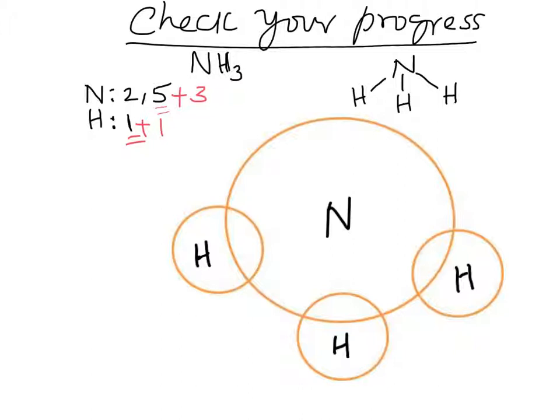Nitrogen's shared electrons now: here, here and here. 3 of its electrons are shared, 2 not shared, which can be drawn anywhere on this shell, because we are only showing the outer shell. For hydrogen, 1 electron, that's all it's got, and that's shared with nitrogen. Now you can see how nitrogen achieves the full outer shell. 2, 4, 6, 8. Nitrogen's got a full outer shell. Hydrogen's got its first shell full with 2 electrons.